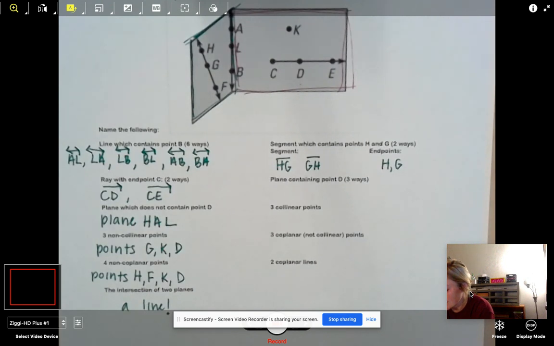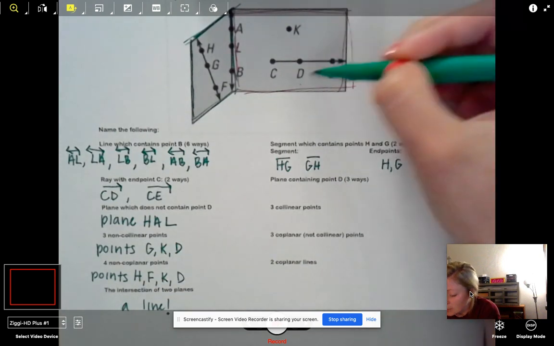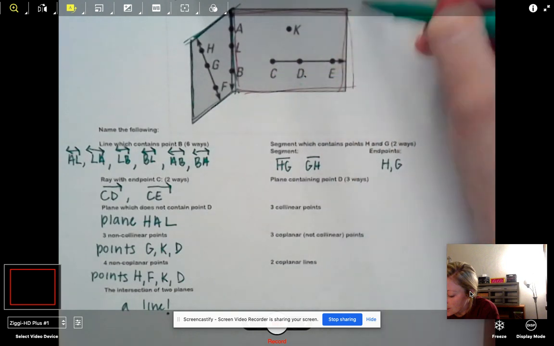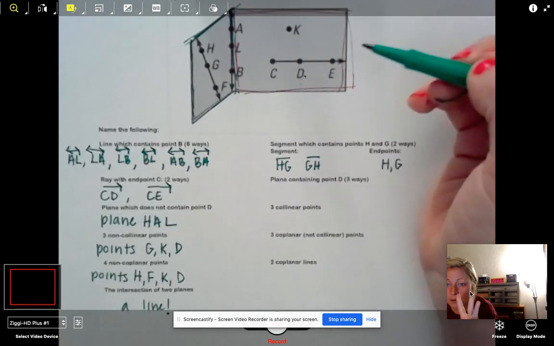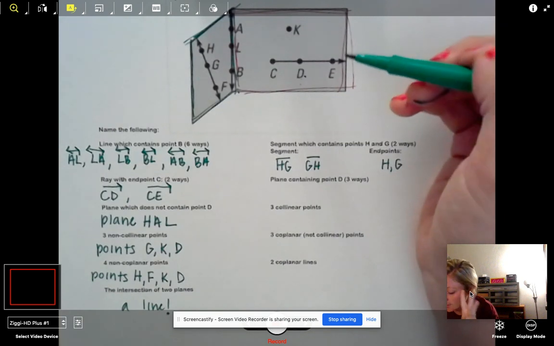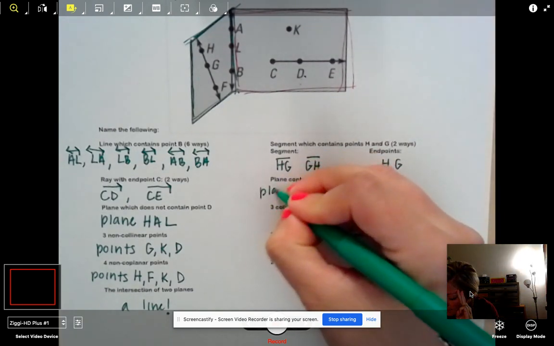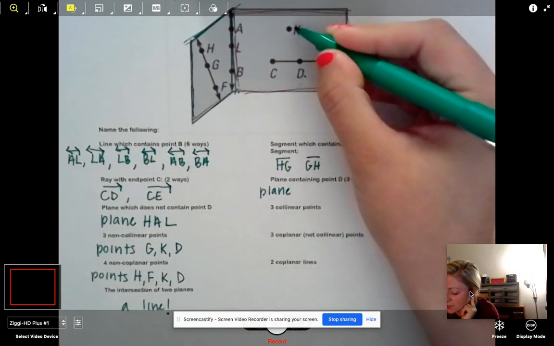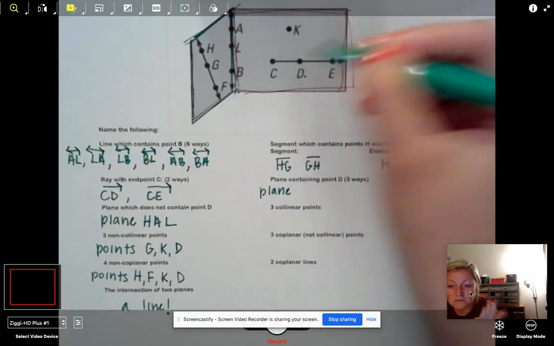Name a plane containing point D in 3 ways. So here's point D. So I want to name this plane here. So remember, you pick 3 points in that shaded area that aren't on the same line. So you could say plane. Do you guys see how K is not on this line? So if I use K in 2 of these points, we're good.